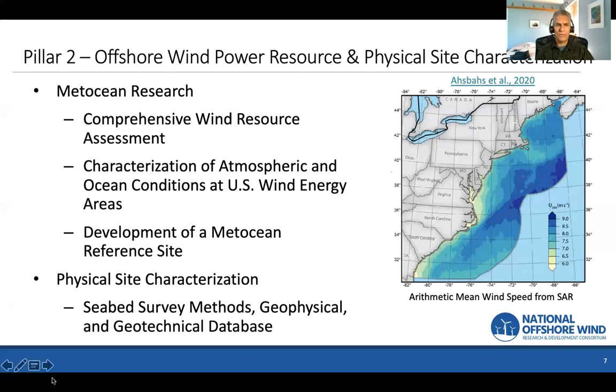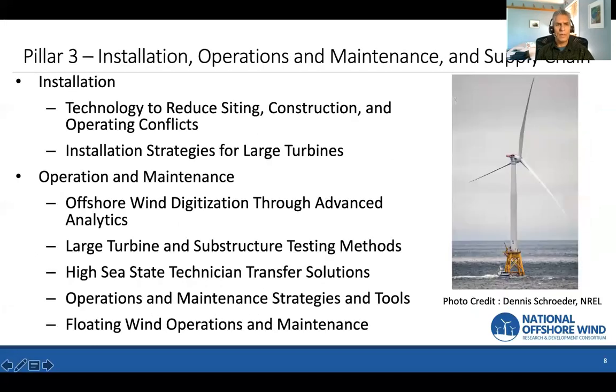Okay, let's do pillar 3 now, which is really 3 areas. It's the installation, it's the operation and maintenance, and it's the supply chain. And breaking that down into those 3, we start with installation topics. These are technologies to reduce siting and construction operation conflicts.